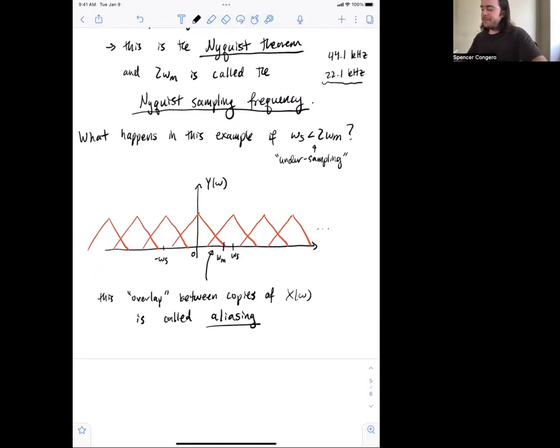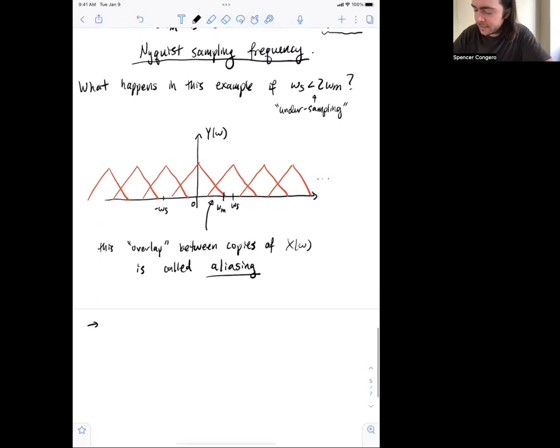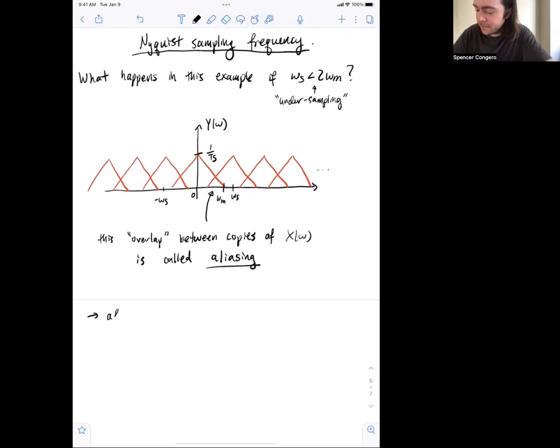It's an issue for recovery because after I add all of these red signals up, these were all the shifted copies, they all have height 1 over t sub s. Now I have to add these all up to actually get y of omega. So after adding all of the red copies up, we get something like this.